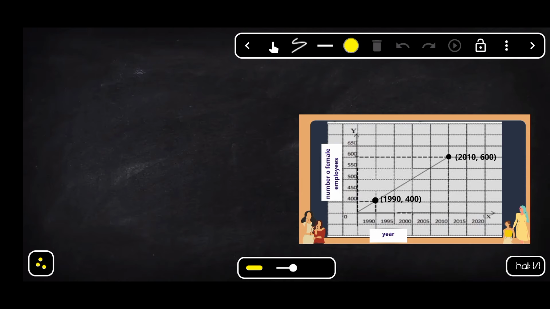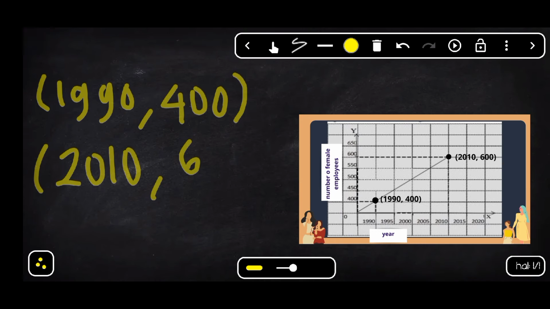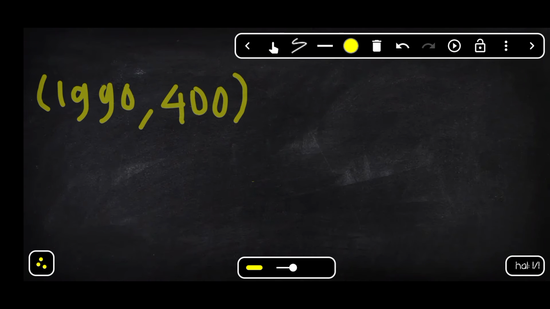So, based on the graph before, we have found 2 points. The first point is 1990, 400, and the second point is 2010, 600.